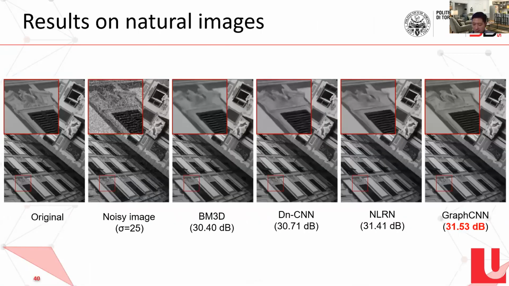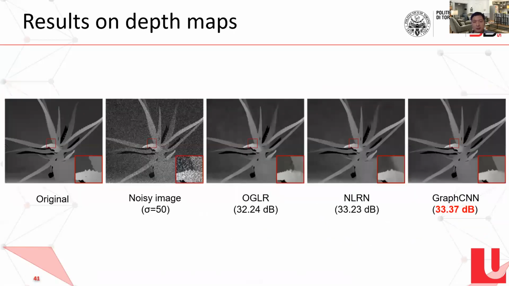And the performance is fantastic. Compared with DnCNN on denoising performance, this is quite a significant gain. And for piecewise smooth images such as depth maps, this is the technique that I talked about at the beginning of the presentation using signal-dependent GLR. There's a significant gain here.